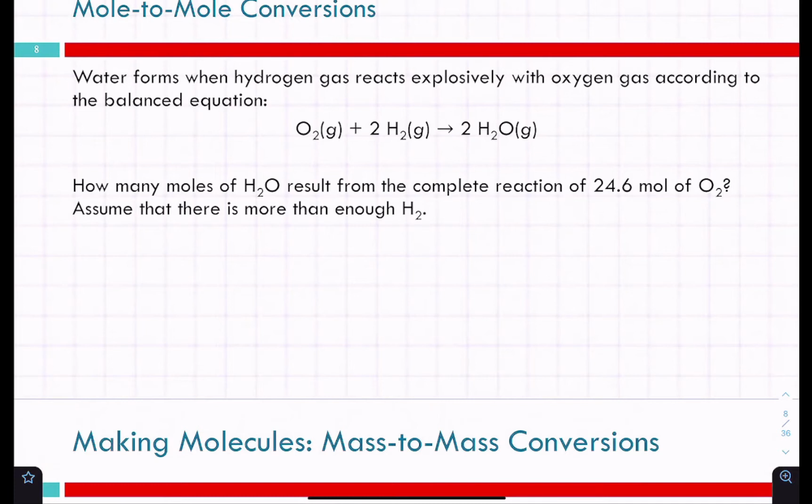So get another reaction here. If we have hydrogen, which reacts explosively with oxygen to form 2 moles of water, how many moles of H2O result from the complete reaction of 24.6 moles of oxygen? And we're going to assume that there's more than enough hydrogen.